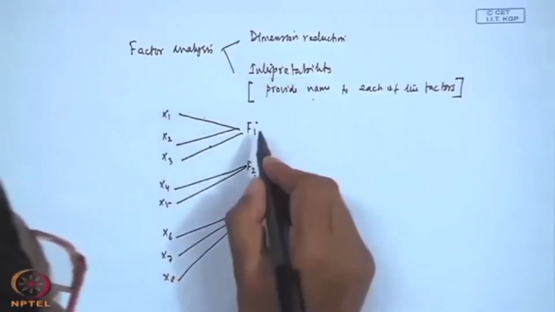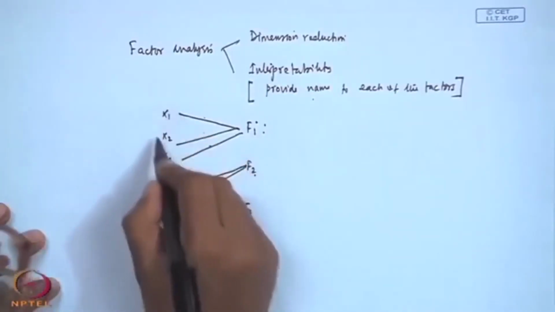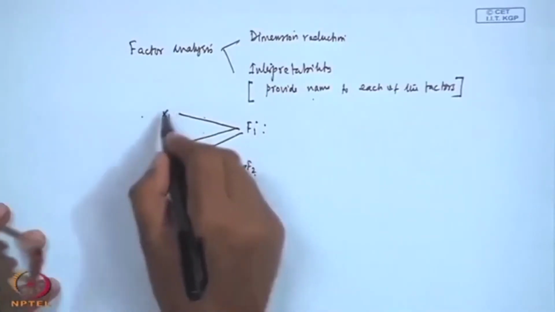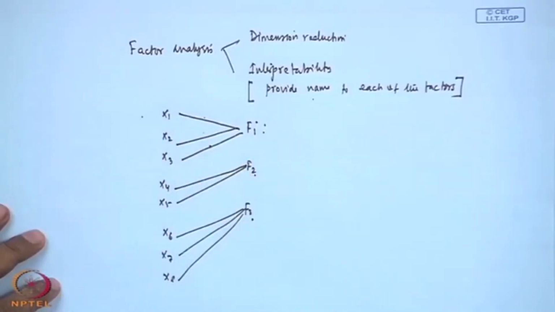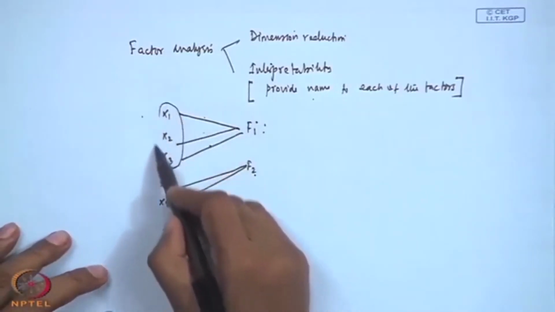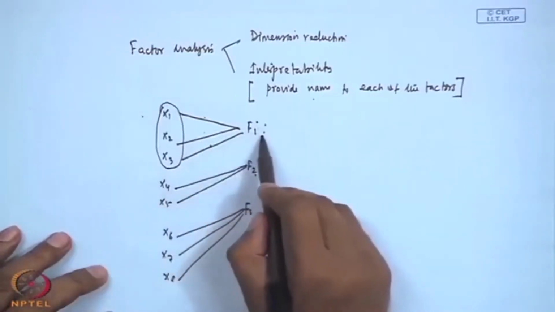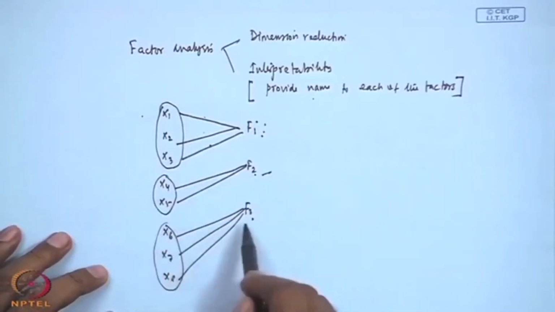Then we can name these factors considering the nature of these variables. The name will be governed through these three for F1, these 2 for F2, these 3 for F3.